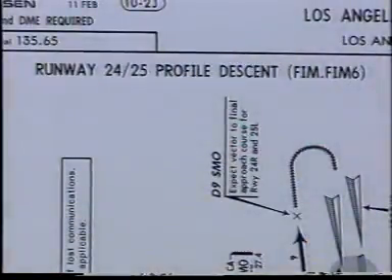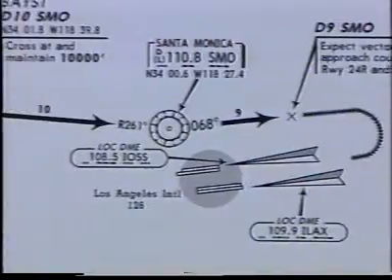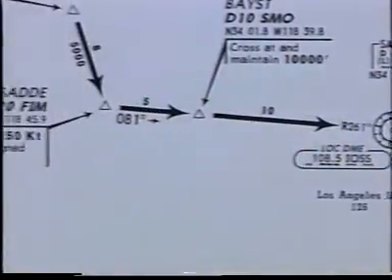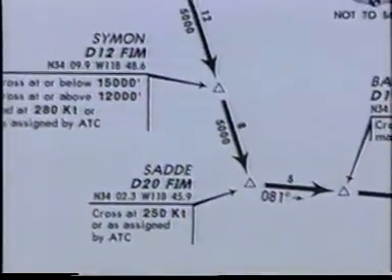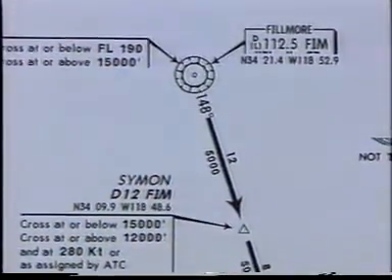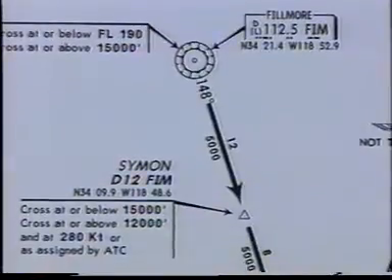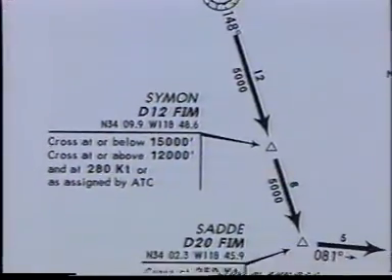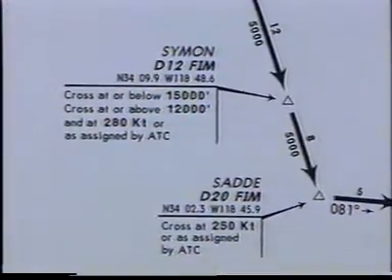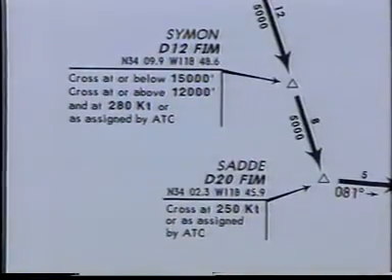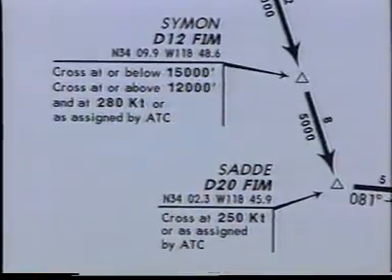In reviewing the runway 24 and 25 profile descent, notice the procedure shows essentially the same types of navigational data as a STAR. As you begin your descent beyond Fillmore, your route of flight is depicted by bold arrows. The intersections along the way signify course changes and restrictions to your altitude and airspeed.